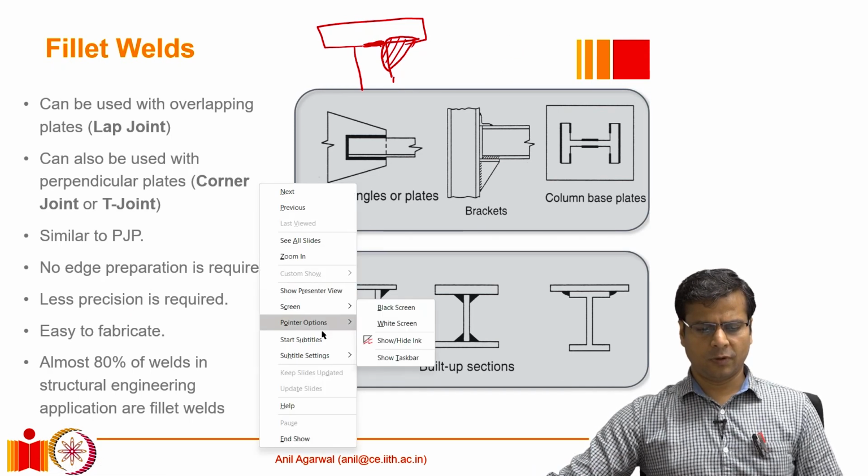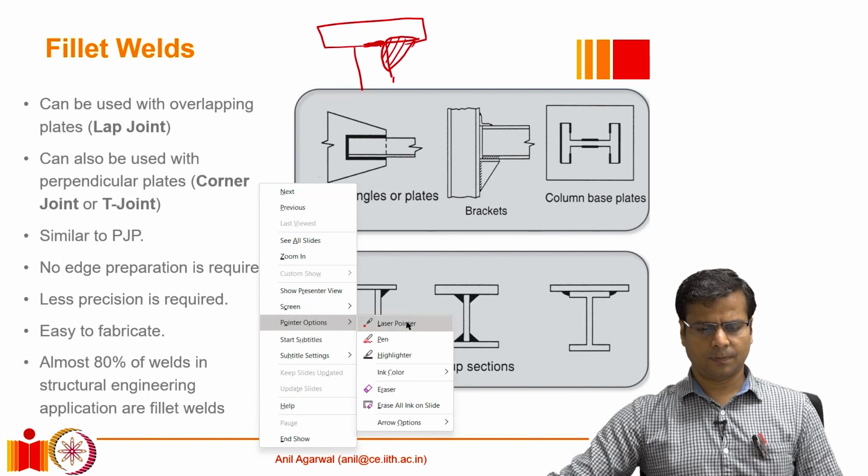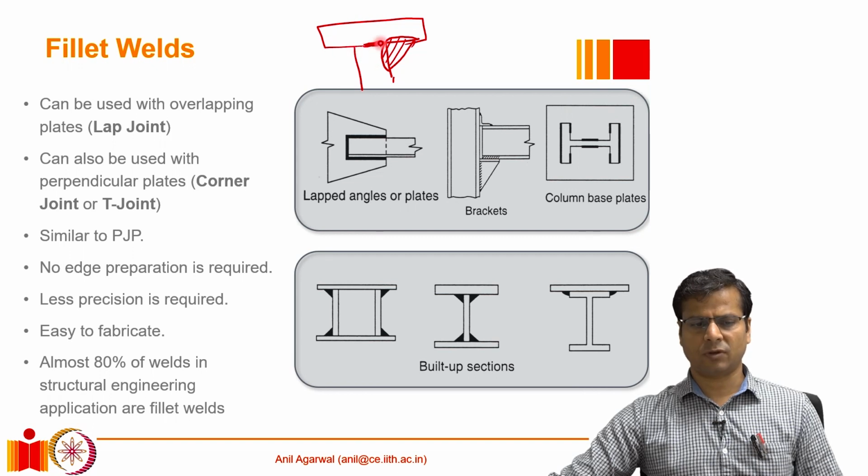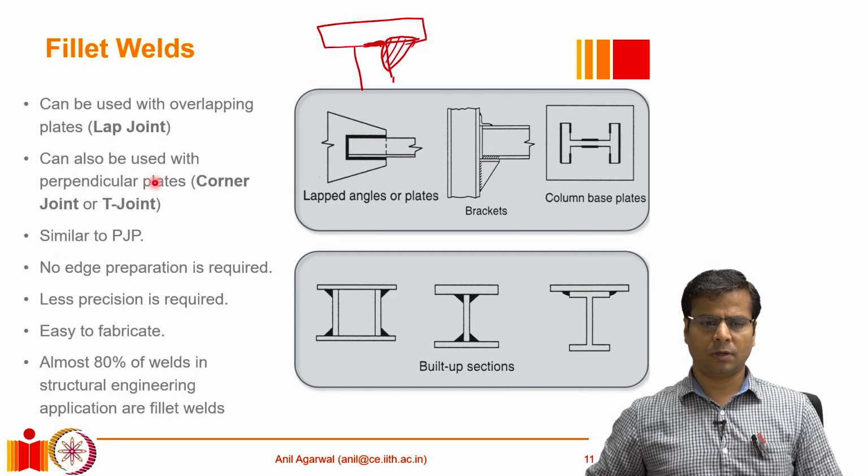Unlike a groove weld, a fillet weld typically does not require any edge preparation, because we have these two plates and we can simply join them. The fit does not have to be very accurate. Even if we are a couple of millimeters off, it does not really change the welding protocol very significantly.